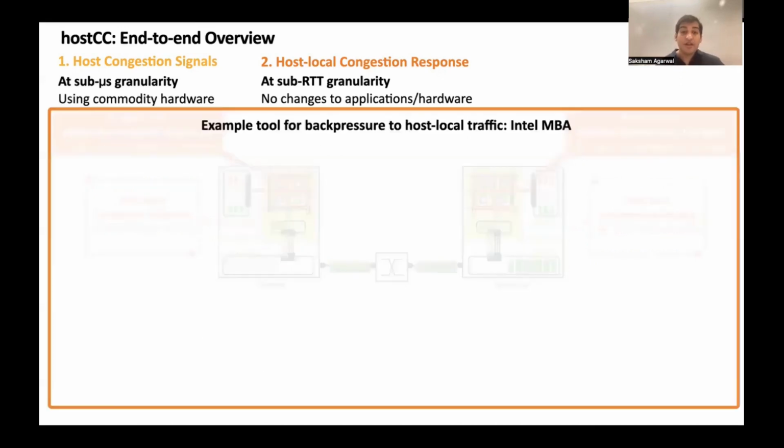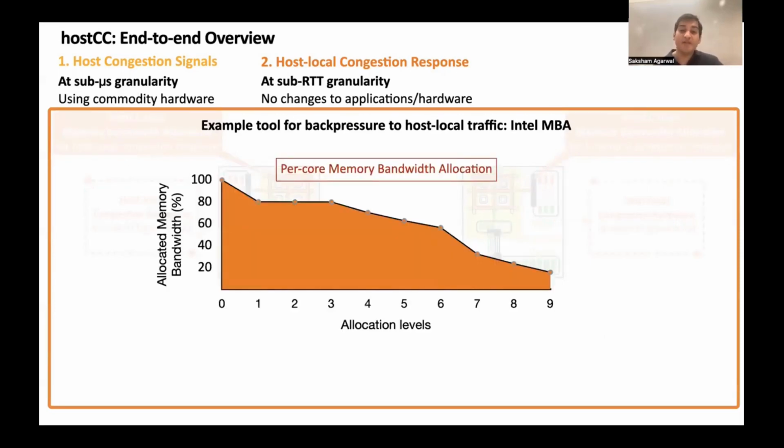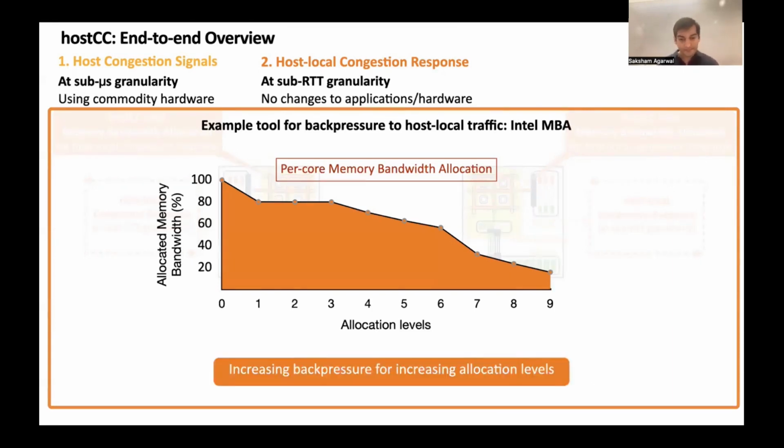For instance, the memory bandwidth allocation tool, or the MBA, available on today's Intel servers provides a simple multi-level back pressure mechanism to modulate the host local traffic using updates on a single hardware register. It currently takes as input one of the 10 allocation levels via such register writes and provides an increasing level of back pressure to the memory bandwidth generated by the CPU cores.